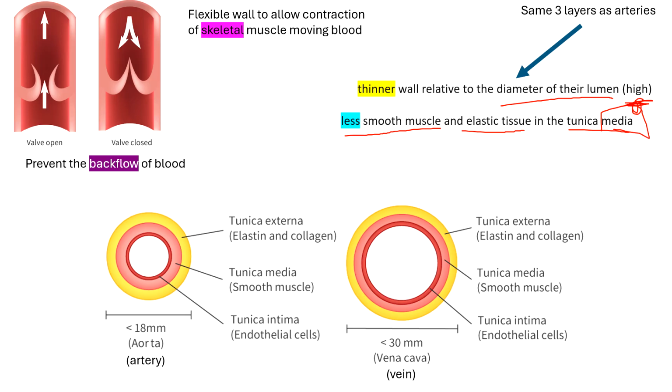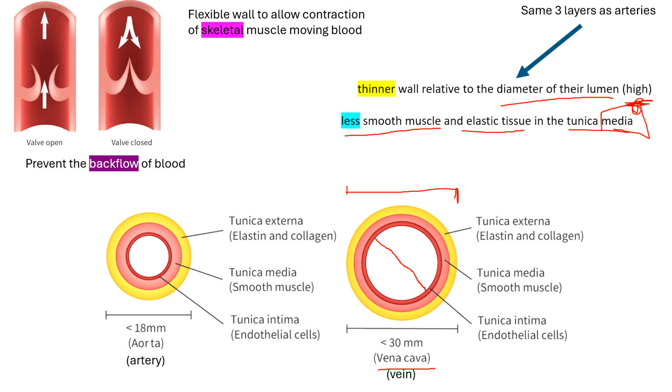Now let's compare the diameter of the lumen on both, okay, and the size of both. Now we can see that the vena cava, which is a vein around your heart, is actually larger, okay? It's larger, and so the diameter of the lumen is also larger.